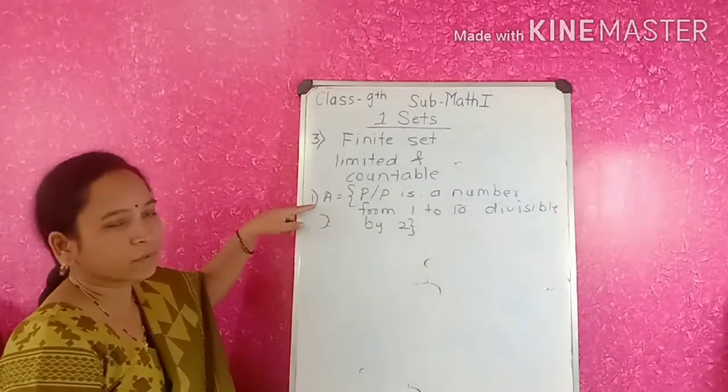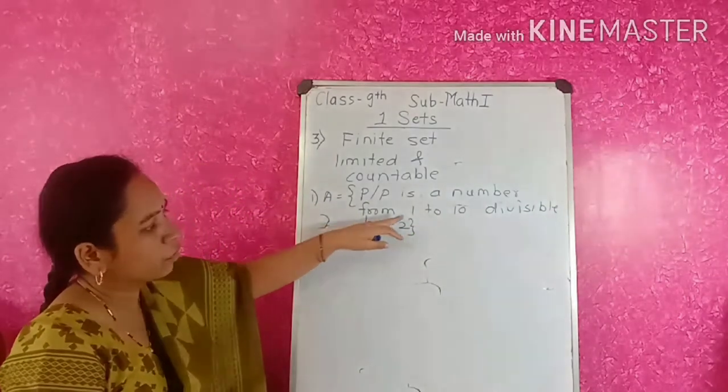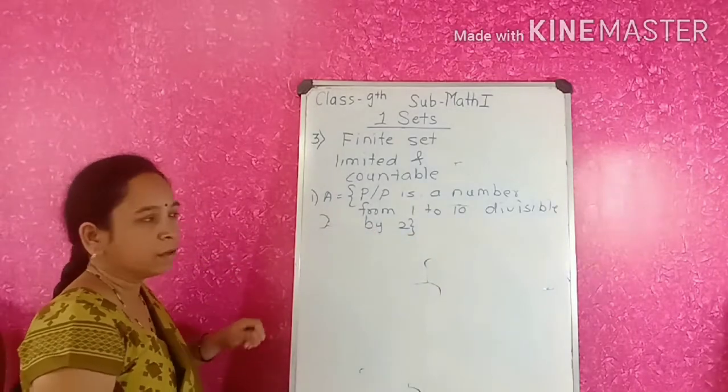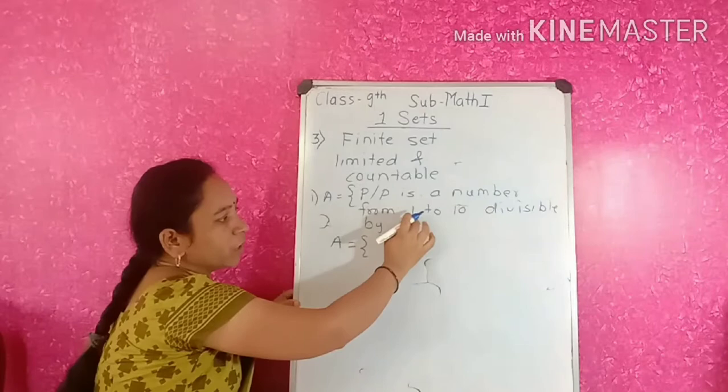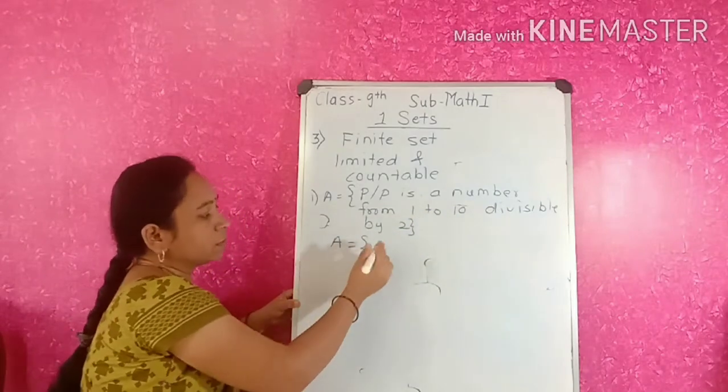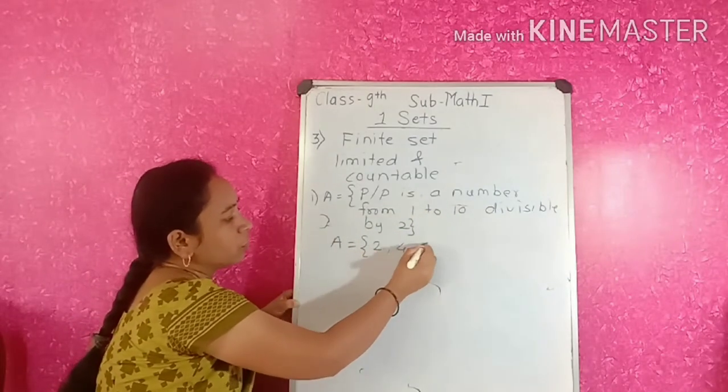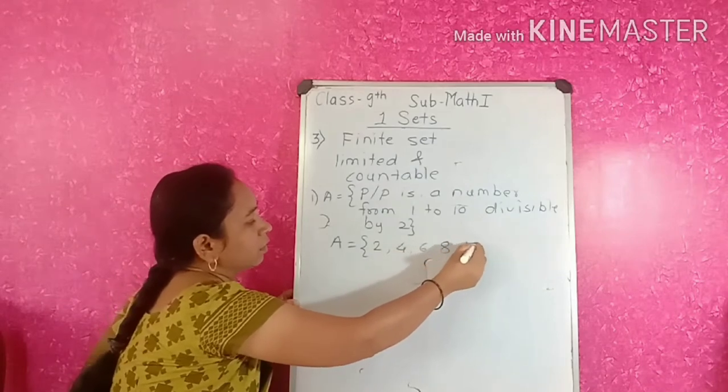Now I have chosen one set which has numbers from 1 to 10 but which are divisible by 2. So how many elements do we get? From 1 to 10, which are divisible by 2? That means 2, 4, 6, 8, 10.